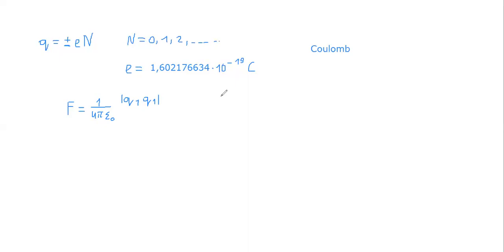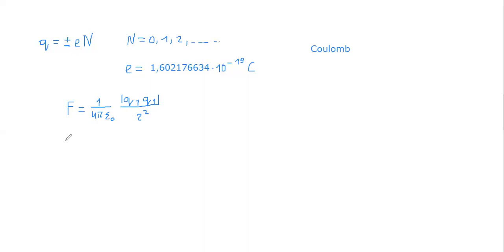It is a charge concentrated in one geometric point, and divided by r squared. This is the scalar form of Coulomb's law.